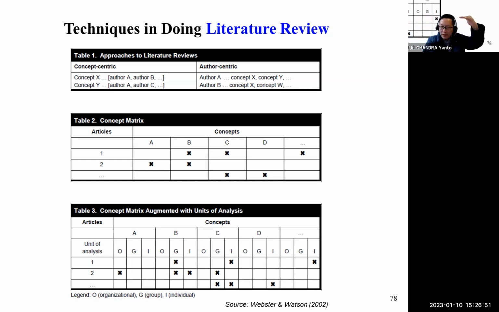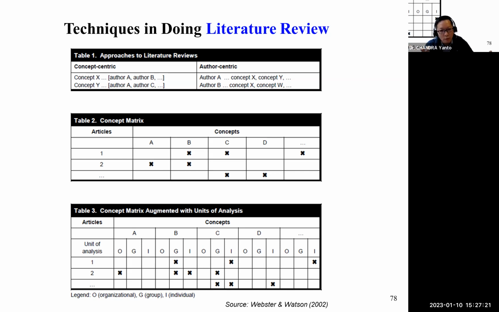After you have done that for 50 papers, it gives you a sense of, it's like a radar. It gives you where a lot of research has been done, and where there are a lot of gaps in the research, like one certain concept that is not well studied, or maybe even, if you dig deeper, there is debate about the role of that particular concept or variable in terms of predicting some outcomes, right? So table 2 is actually very well used.